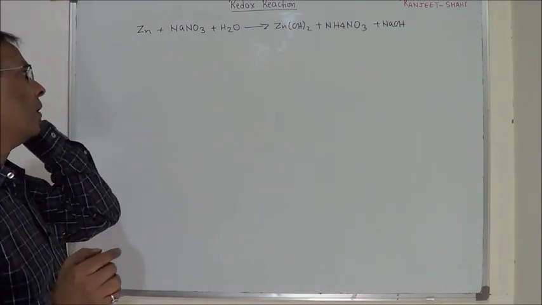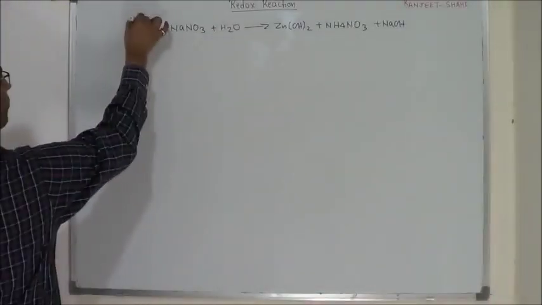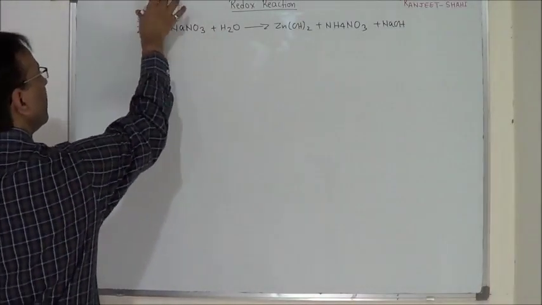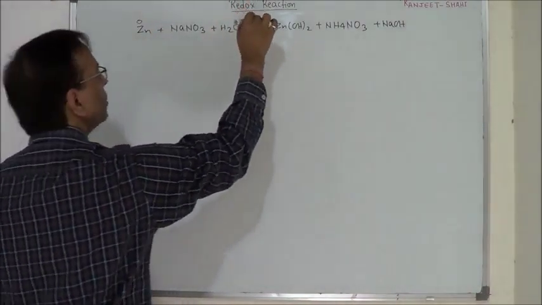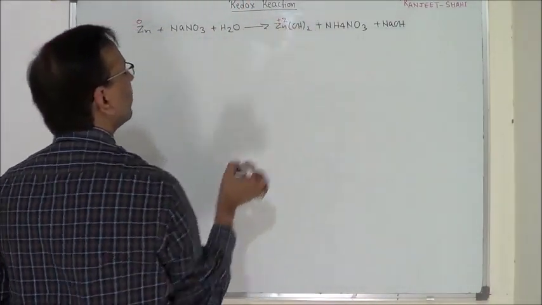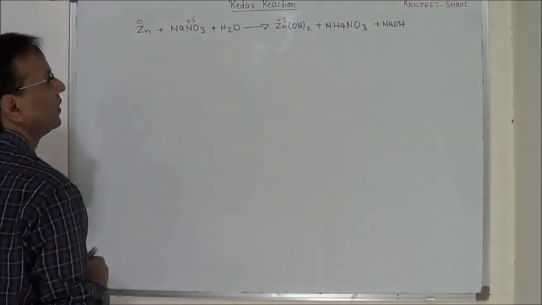Now, if we can see, zinc is getting oxidized, from 0 elemental state to plus 2 on this side. Nitrogen here is in plus 5 oxidation state.